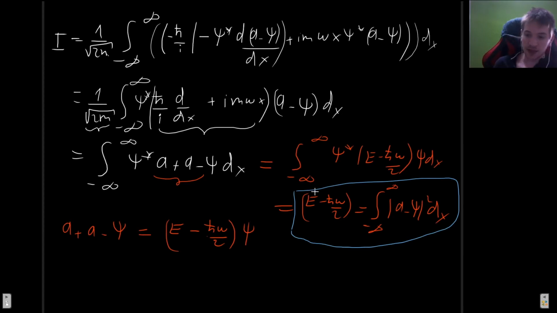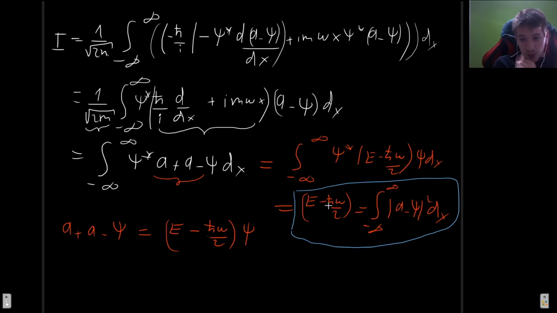We get E minus h bar omega divided by 2, and we can even put in the result for E, because remember, E of some n is just going to be n plus 1/2 times h bar omega, right? So you can see this is finite. It would have to be an infinite n in order for it to be infinite, but n is not going to be infinite, so there is no problem there.